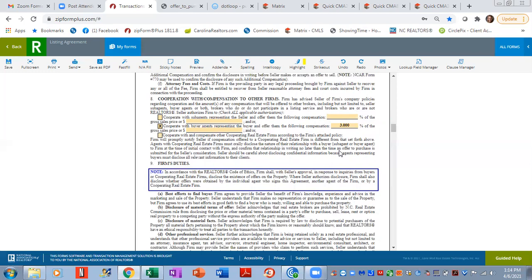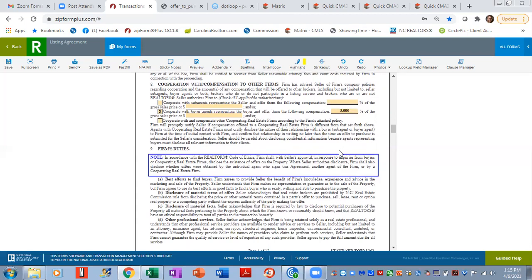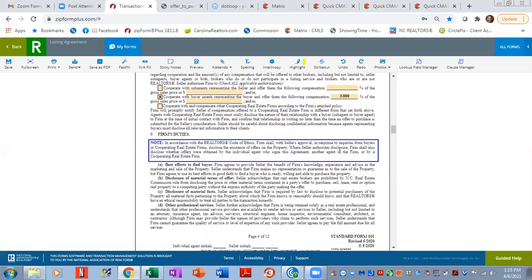There are times when I will reduce the commission just to get something in my neighborhood, and I take the loss. But there are other times where my percent is maybe 0.5% more because I'm paying for videography, I'm paying for drone, I'm paying for all these extras that the buyer's agent doesn't have to do. So there are times where that does adjust depending on what my sellers are needing from me. So it's flexible.